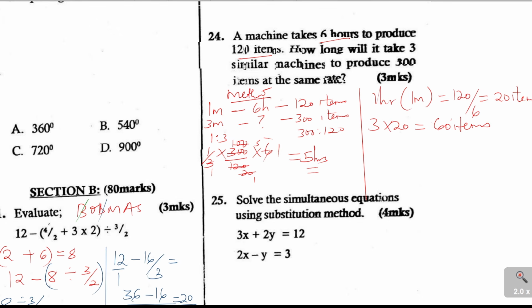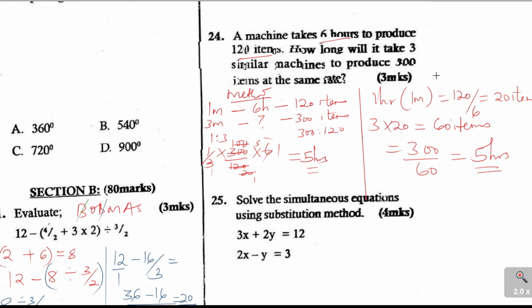Now, what about 300 items? Because the 3 machines are producing at the rate of 60 items in 1 hour, to find the number of hours taken to produce 300 items, you take 300 divided by 60 items, and this will give 5 hours.